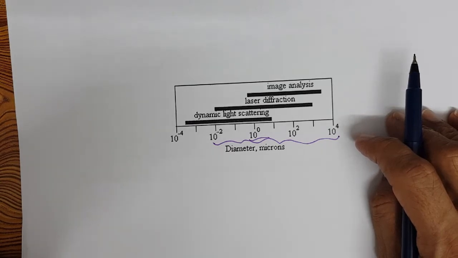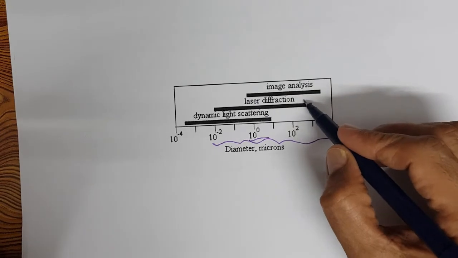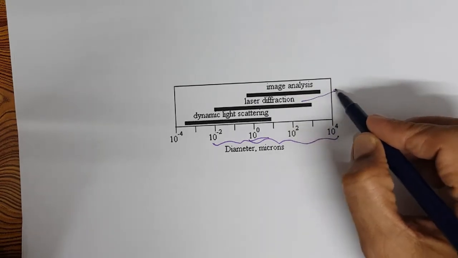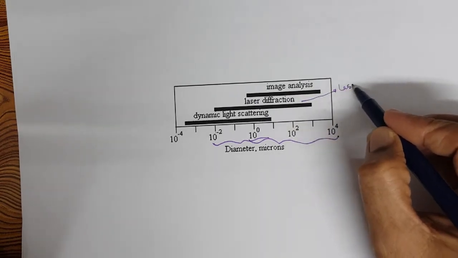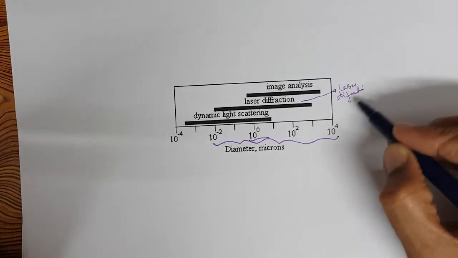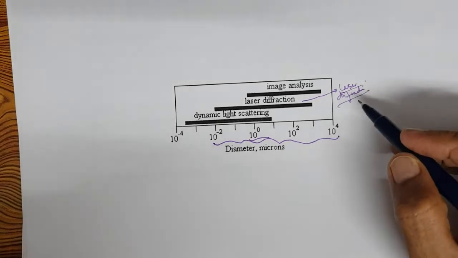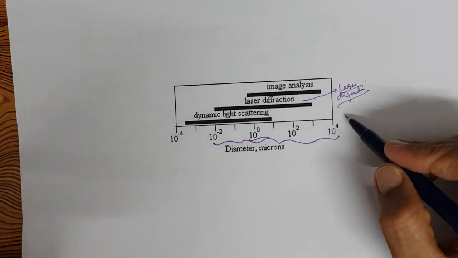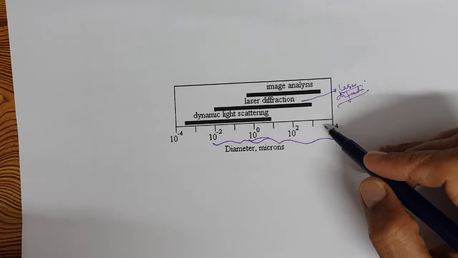So it's in the 50 to 100 micron range. That can be measured by laser diffraction. So laser diffraction can measure sunscreen grade zinc oxide and titanium dioxide, right?